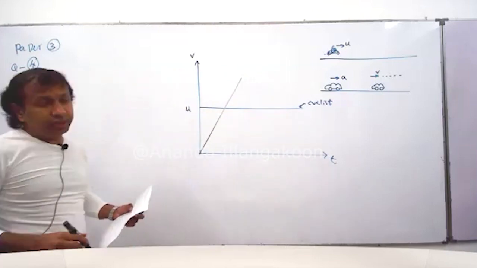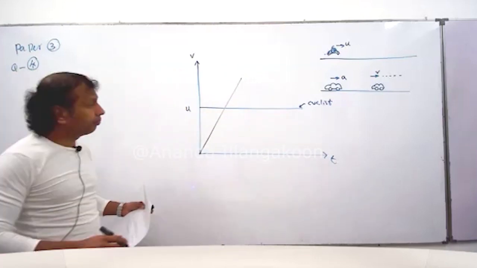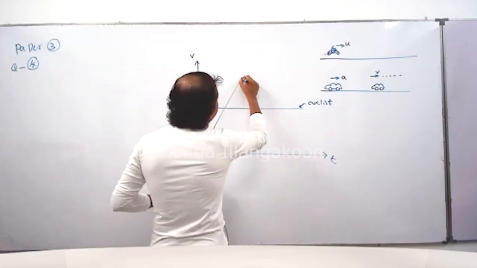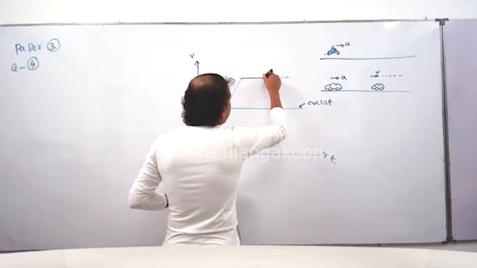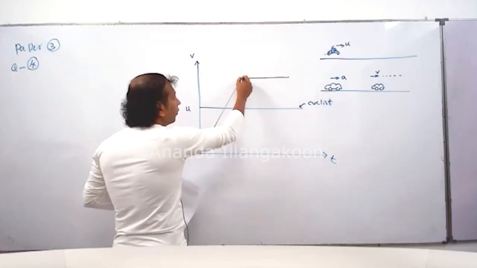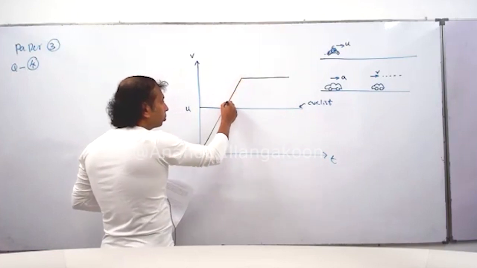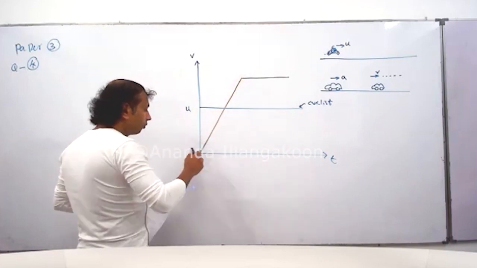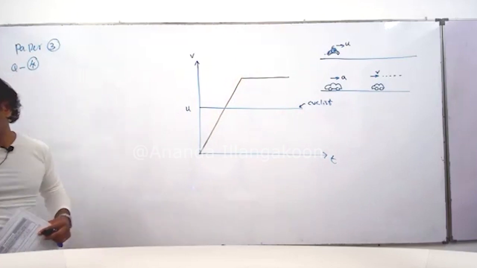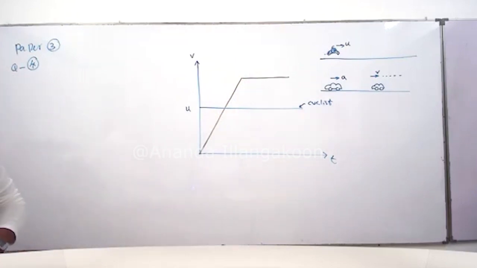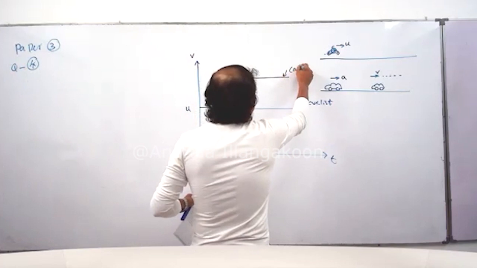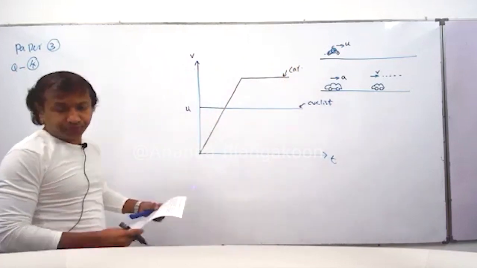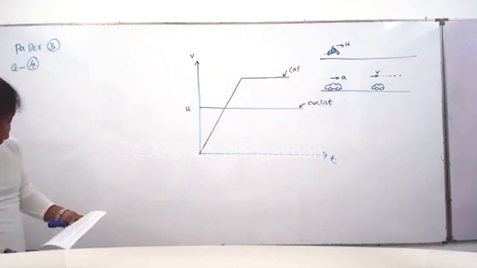It gets a velocity v greater than u, given. This way. Thereafter, it moves with velocity v this way. This is the car. Then what is it asking?